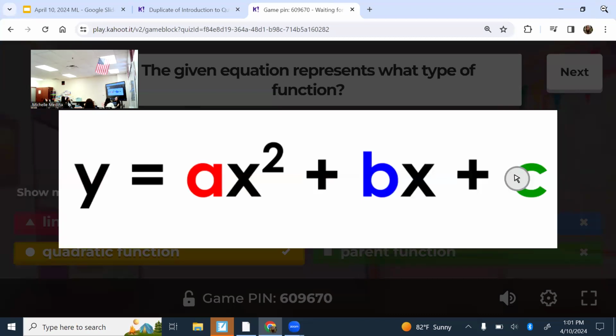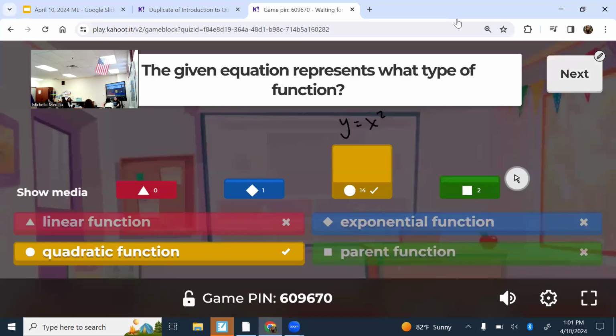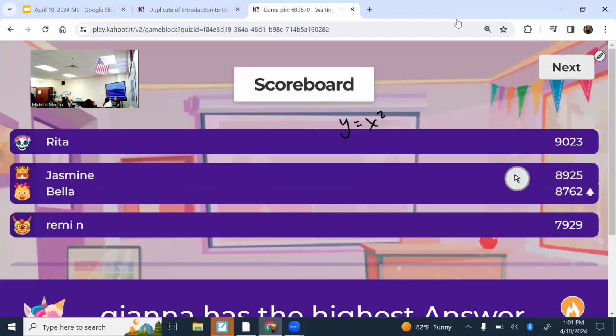Squared. The x squared. The quadratics can be as simple as just this, or you could have other stuff going on. But the highest exponent has to be squared, it can't be anything higher, or else we call it something different. Good there? Okay, so that is our quadratic function. That's a big thing this unit.